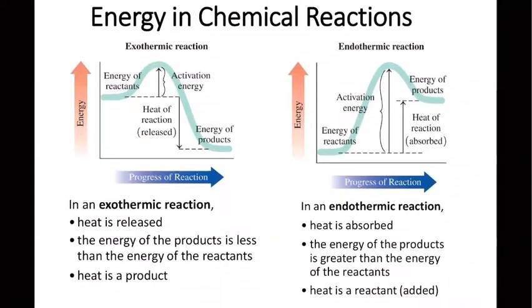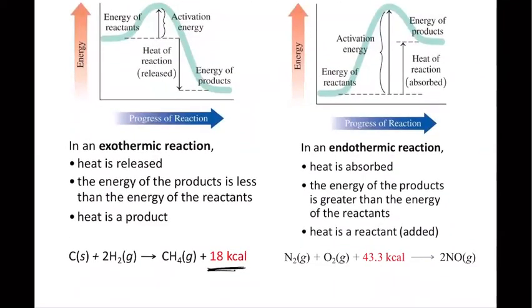When we look at the energy, again, the potential energy in the bonds for the products versus the reactants, when we have an endothermic process, the energy of the products is going to be higher than the energy of the reactants. Okay. And since heat is being absorbed and is present in the reactant, you can see units of energy in the reactant when we have an endothermic process.